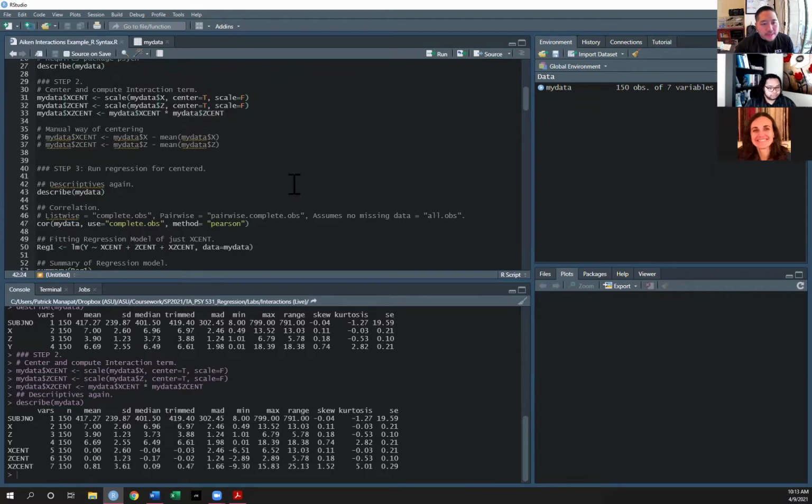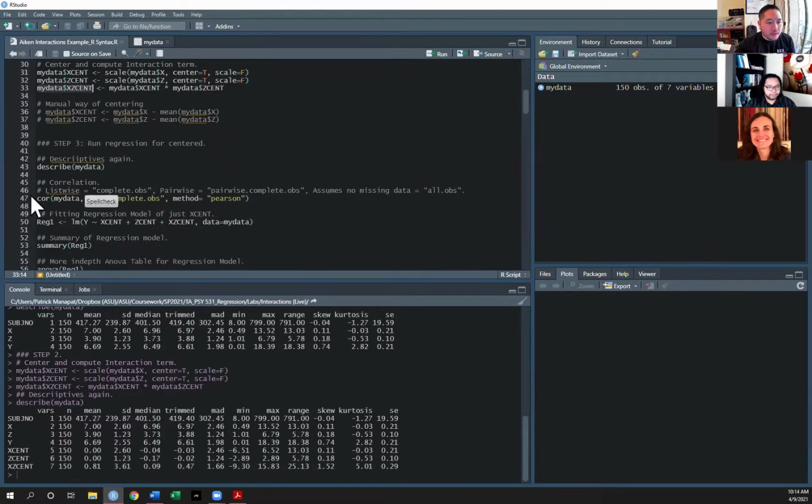Sometimes that can lead to multicollinearity issues because the predictors will be highly correlated with this interaction term. When you center the variables, it actually reduces the correlation between the interaction term and the individual predictors. So that's another neat thing about centering.